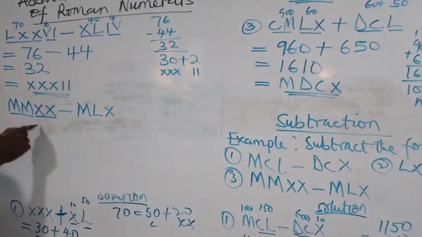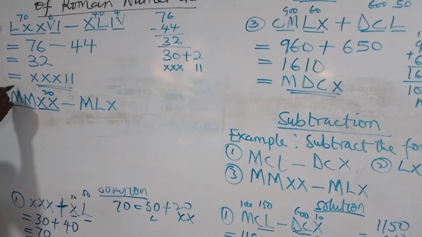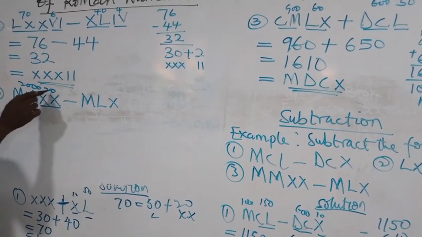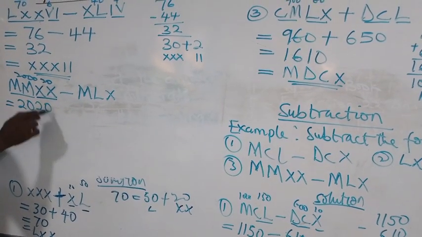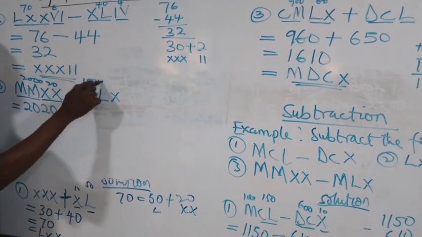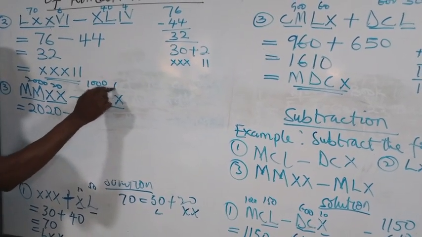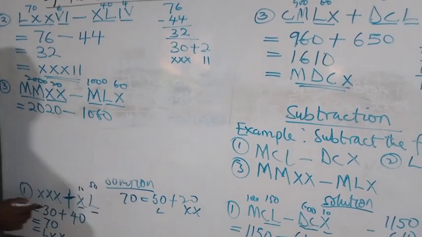Then XX, X is 10, another X is 10, we have 20. So that would be 2020 minus M, which is 1000, and LX, which is 60. So we have 1060.